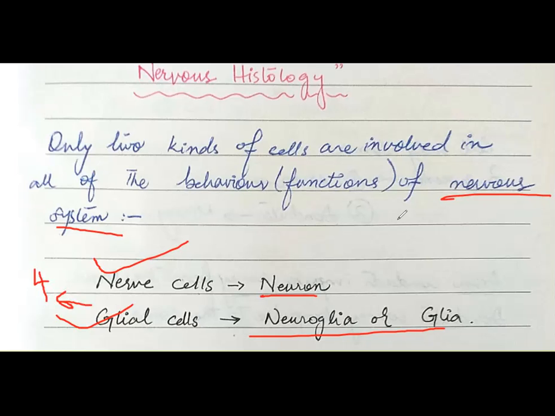They are Schwann cells, oligodendrocytes, ependymal cells, and astrocytes. These are very important to know when we talk about nervous histology.